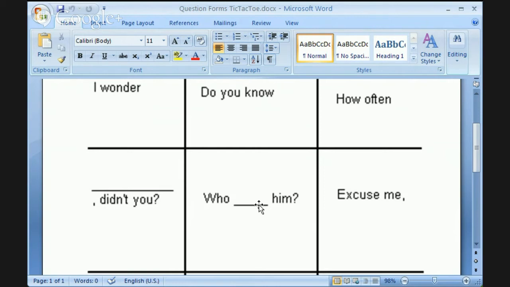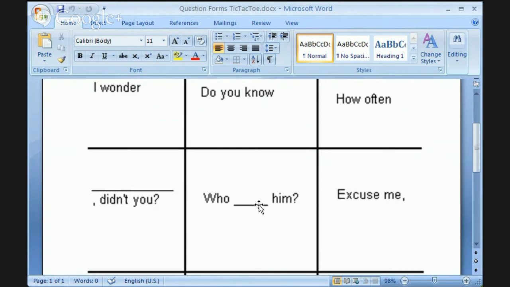For example, who finds him? That's a little weird. How about present tense? Who loves him? Okay, but that's a little tough because love is a non-continuous verb.